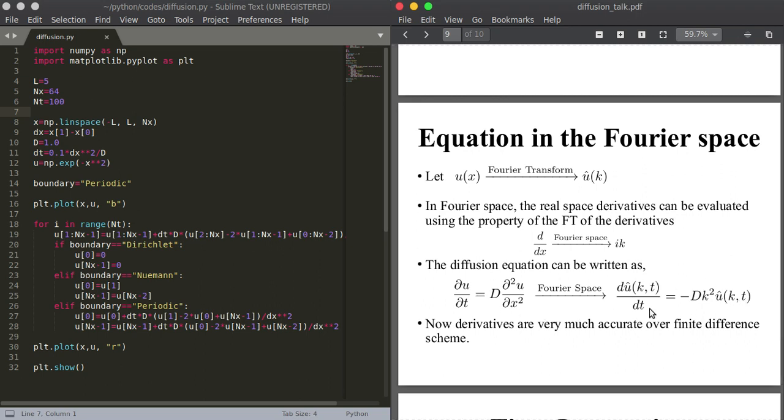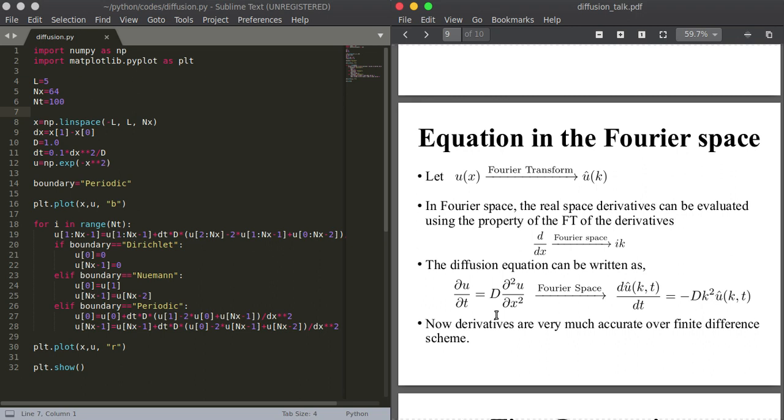And what is the strength of this Fourier transform and the spectral method? Space derivatives are very sensitive. When you use the finite difference code, it is very sensitive to the grid choice, like the delta x you have used in your finite difference code.